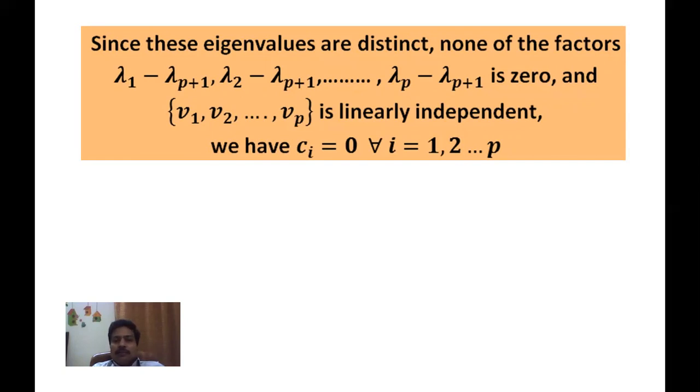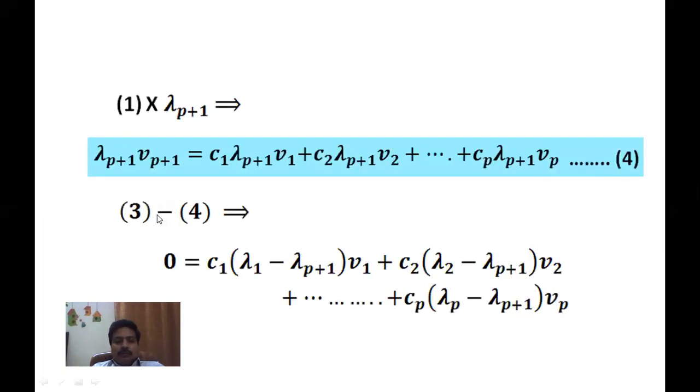So to satisfy this equation, since this set is linearly independent and these factors are all non-zeros, all the c1, c2 and so on up to cp must be zeros.